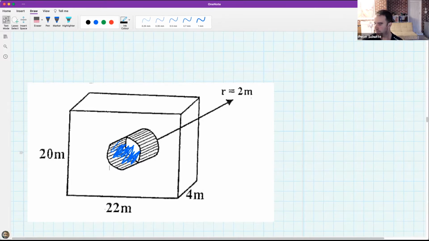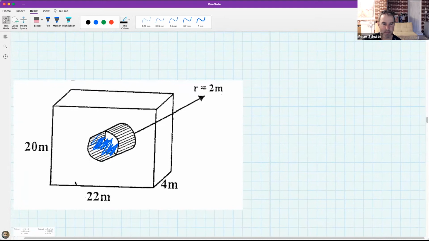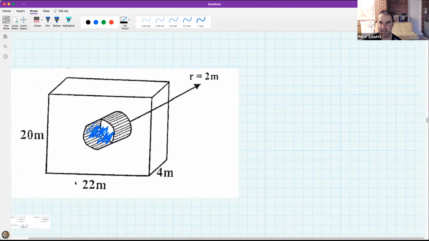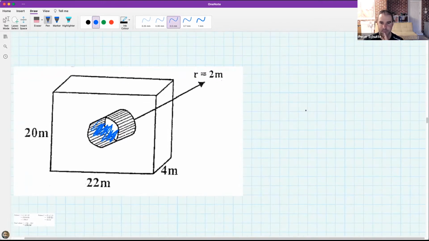If anybody would love to share their thinking on this, I'd love to hear what your plan is. Maybe somebody could share their plan as to how they did this question. Then pop your hand up. Maybe, Muzi, would you like to share your plan for this question? What do you think we need to do in order to find this?